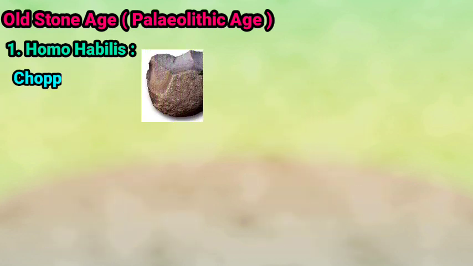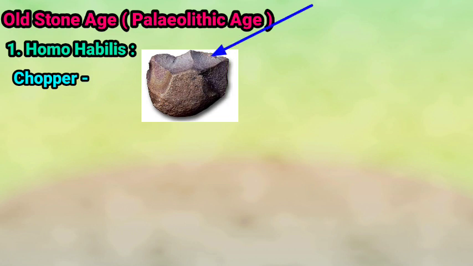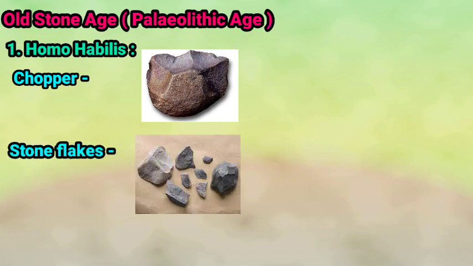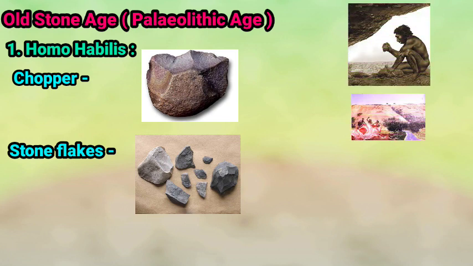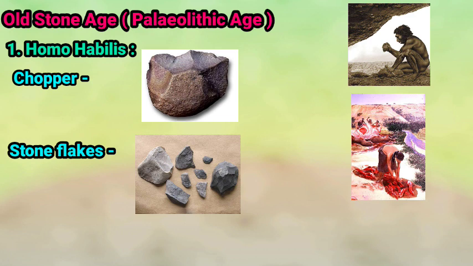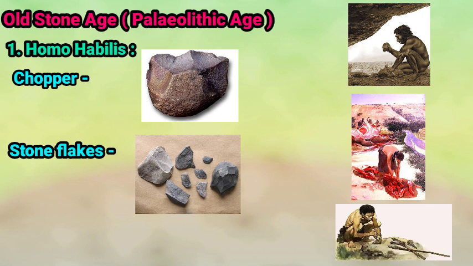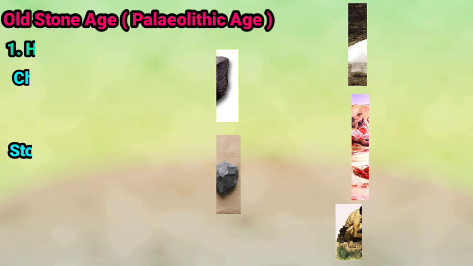Homo habilis made a chopper with a sharp edge on one side and used it for breaking nuts and bones. Homo habilis used the stone flakes produced while sharpening the tools for scraping meat from the hide of animals, for chopping meat and fruit, nuts, and also for sharpening wooden sticks, etc. So children, these are the kinds of tools made by Homo habilis.